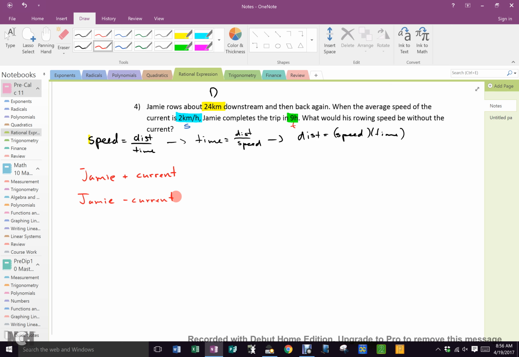Everyone's good? Okay, so I need to think about him going downstream and coming upstream, yes? Is he going to have different speeds in both of those? Yes. Is he going to have different time in both of those? Yes. So I have to have his downstream speed and his upstream stuff, yes? Does everyone agree? Okay.